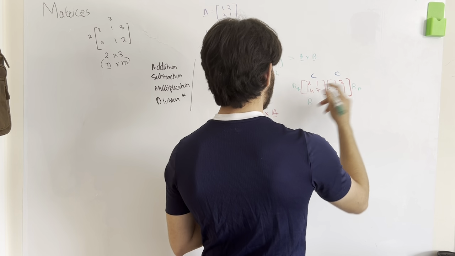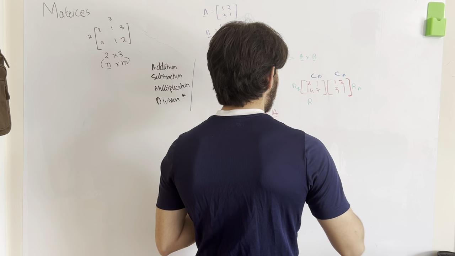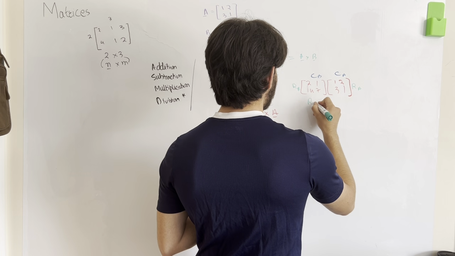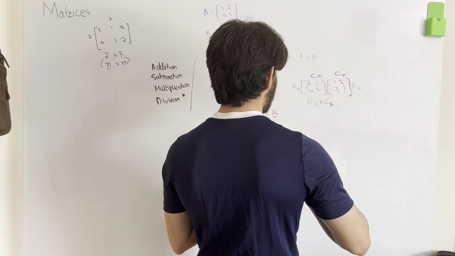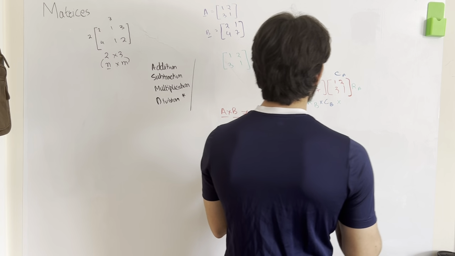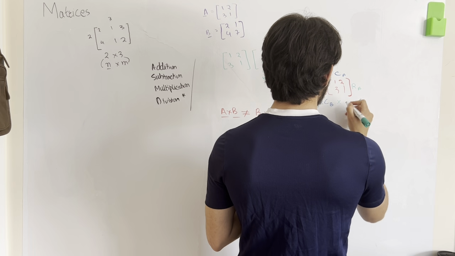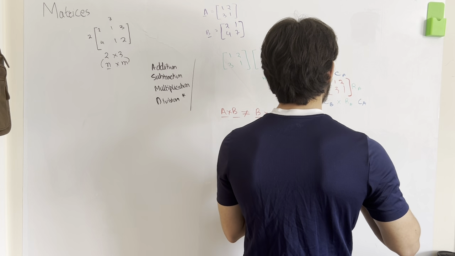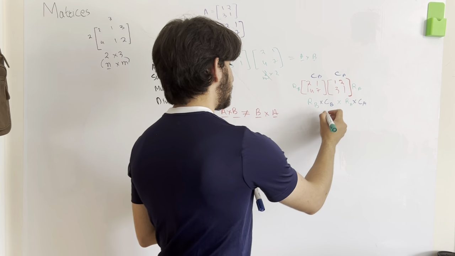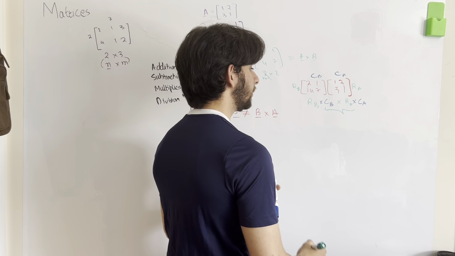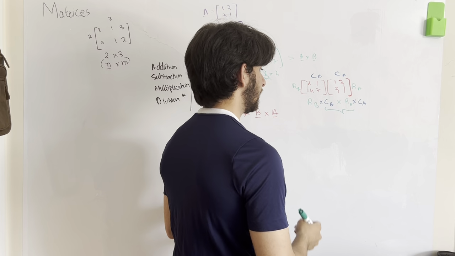Row B, row A, and column B, column A. If I have row B times CB, and I multiply the matrices, I'll get CA, the number of columns over here, row A, the number of rows in matrix A. I'll be looking at the columns of the matrix B and the rows of the matrix A.